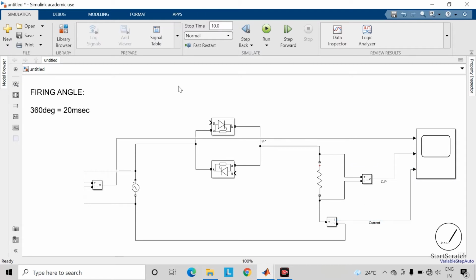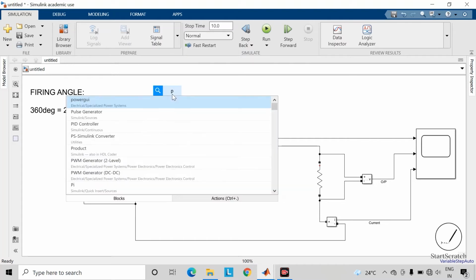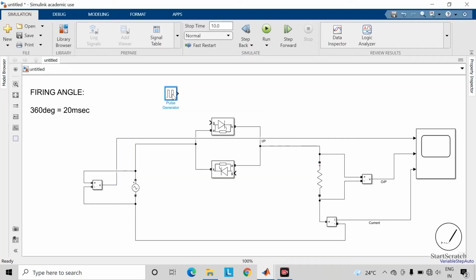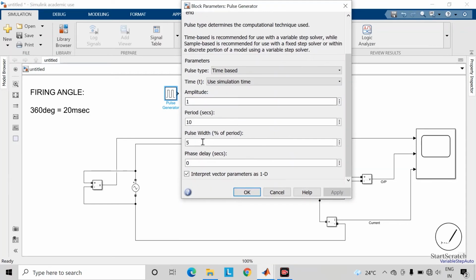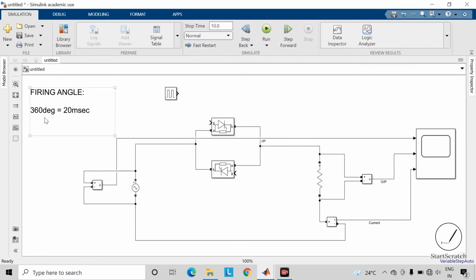Now take the pulse generator block. Open this block and we can write this period as 20 milliseconds or we can write it as 1 divided by 50 Hz. So now we will calculate this phase delay for specific firing angle. One complete cycle of AC supply is of 360 degrees and corresponding time period is of 20 milliseconds.